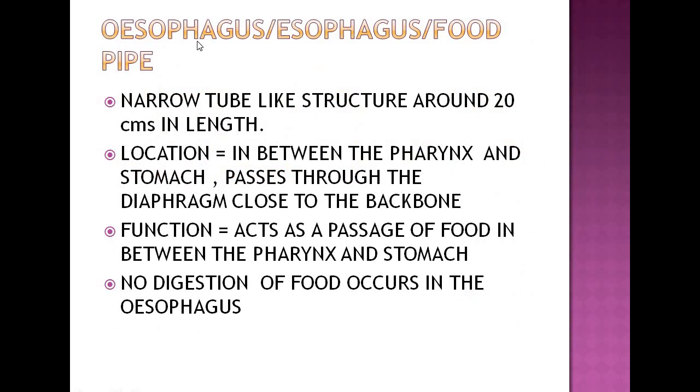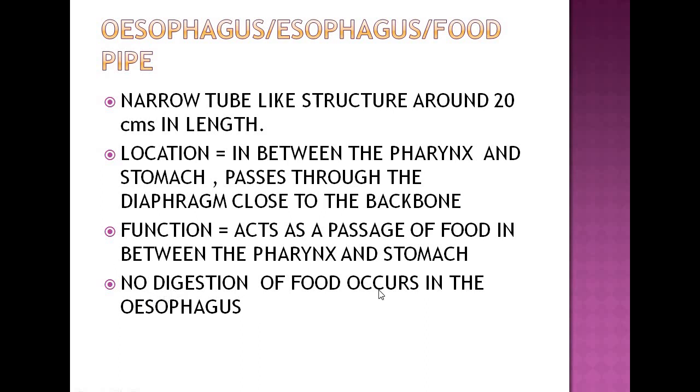Then now we have to see about the esophagus. It is also written as oesophagus in British writers' books, and commonly it is known as the food pipe. Its structure is like a narrow tube and it is around 20 centimeters in length. It is present between the pharynx and the stomach, and it helps in the passage of food from the pharynx to the stomach.